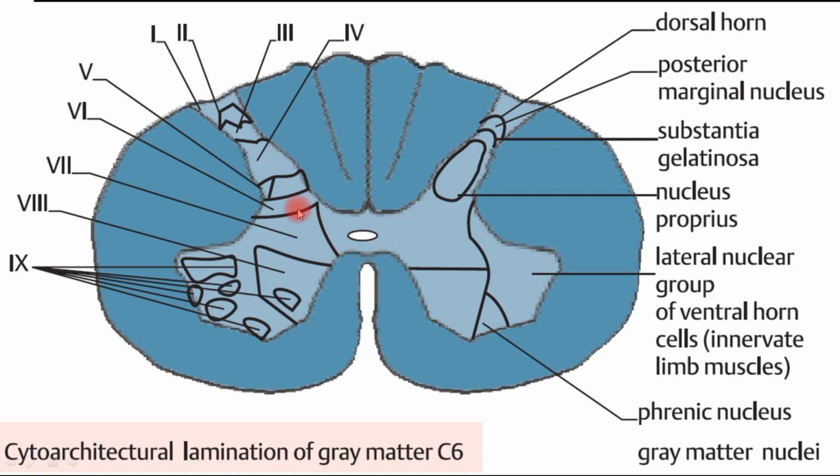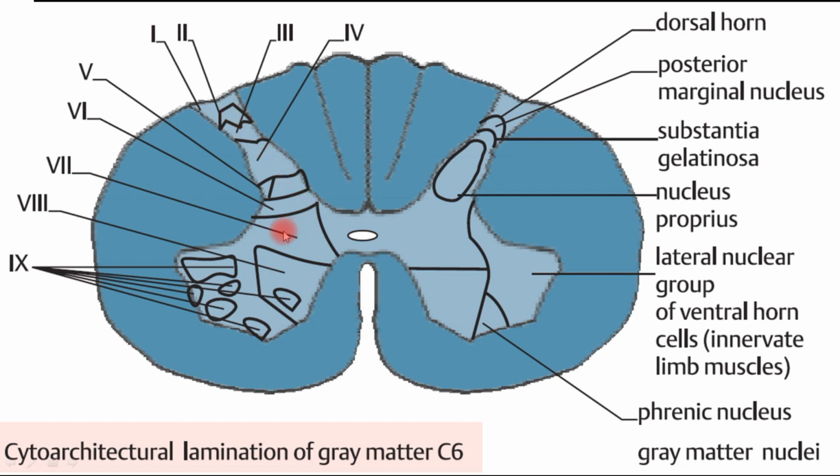Lamina 1 to lamina 6 is the dorsal root of the gray matter, or the dorsal horn of the gray matter.